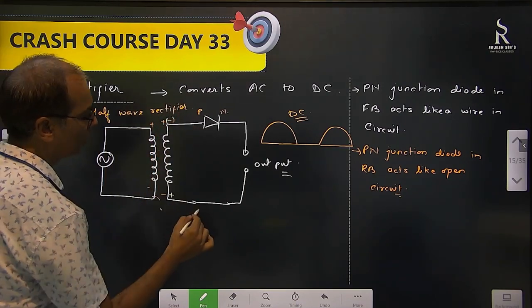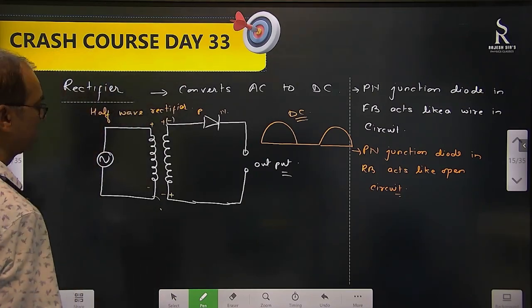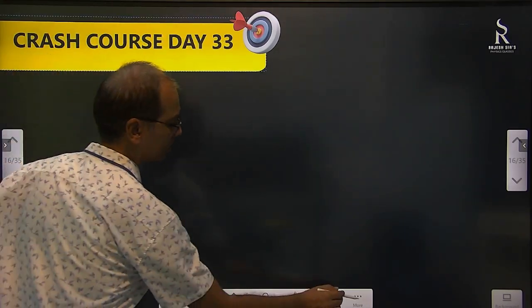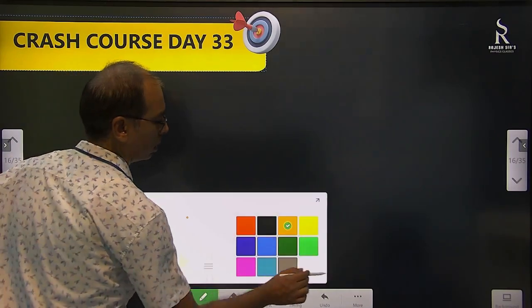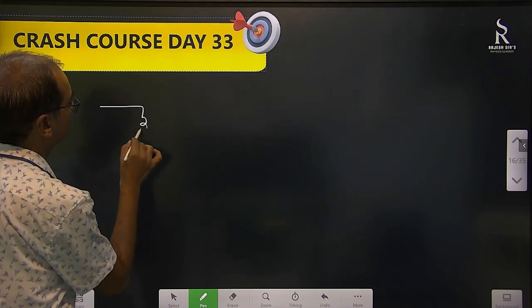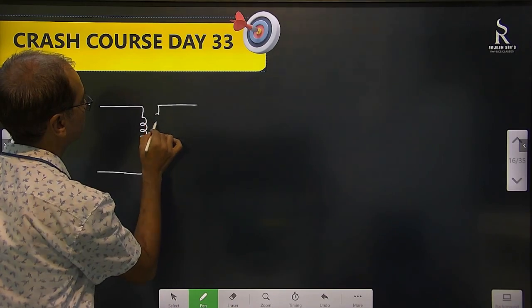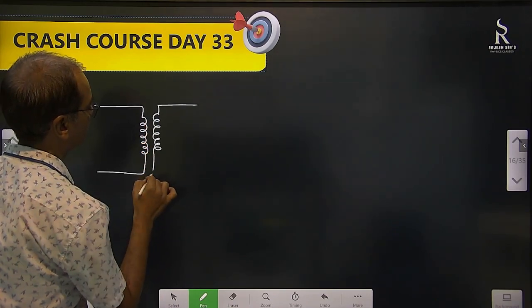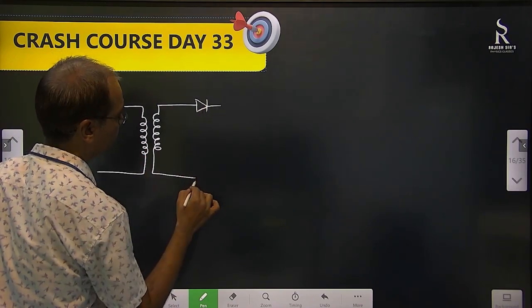The full wave means what? We will connect here also. So let's see. Again a transformer. Here is one PN junction diode and here also one PN junction diode.